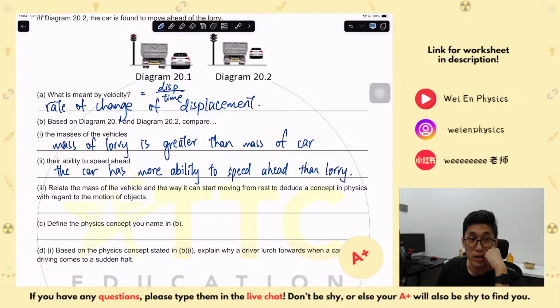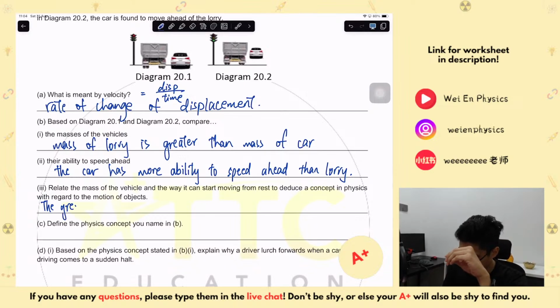Okay? Relate the mass of the vehicle and the way it can start moving from rest. So I answer the first part first. So very logic. You want to say lower or greater, doesn't matter lah. Whichever one.